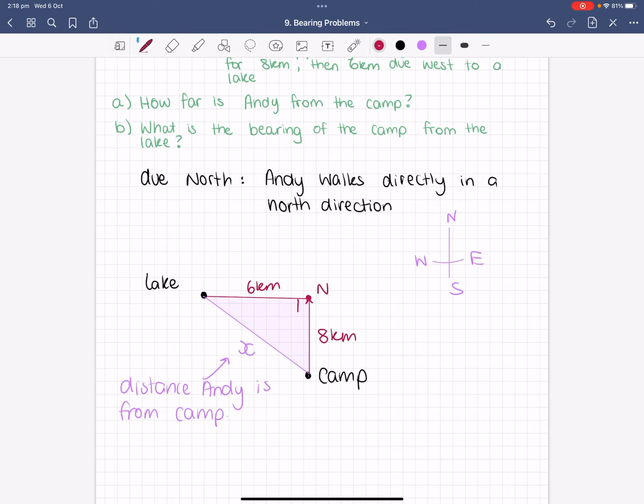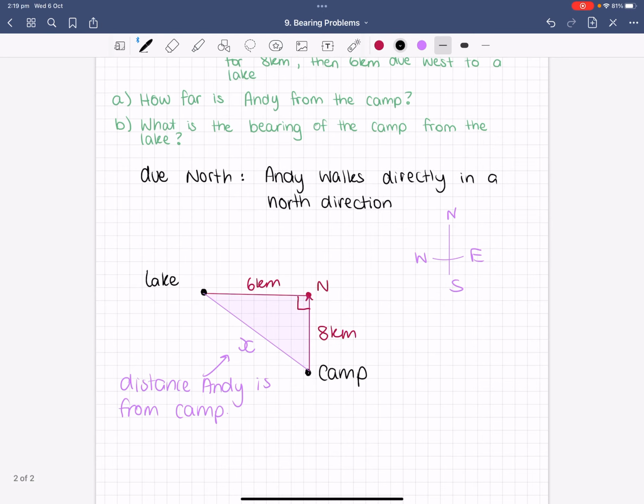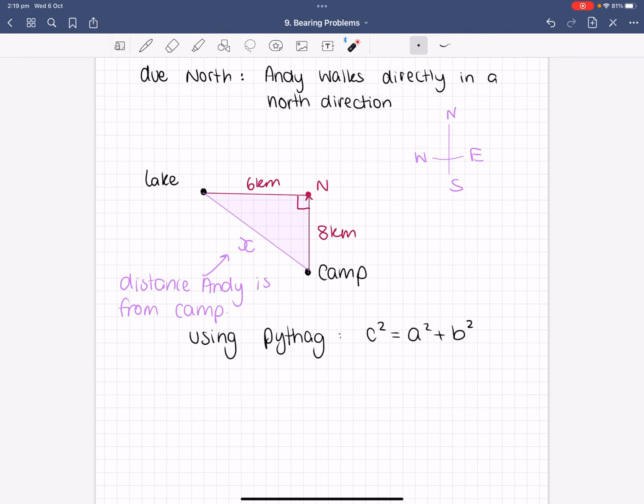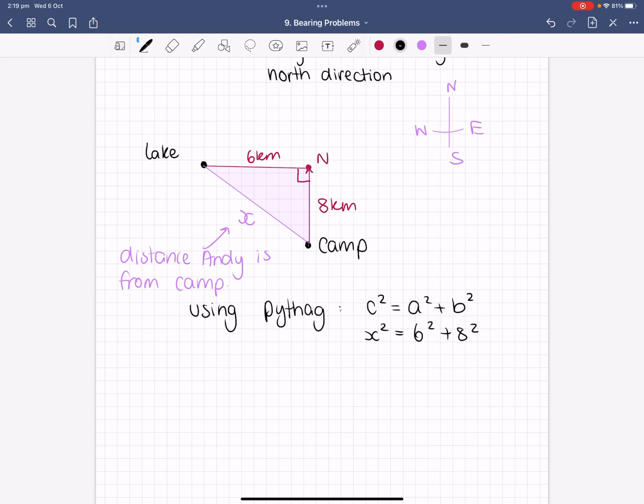And again, this is a right-angled triangle because we're talking about north and then directly west, which forms that 90 degrees. We can use Pythagoras' theorem now. So c squared equals a squared plus b squared, where c is our hypotenuse, so x squared equals just the other two sides, 6 squared plus 8 squared, and that equals 100.